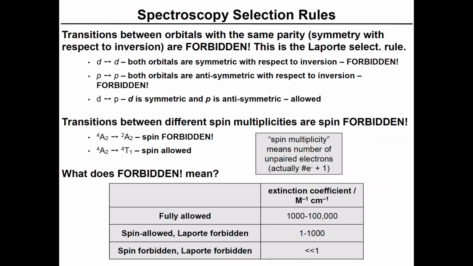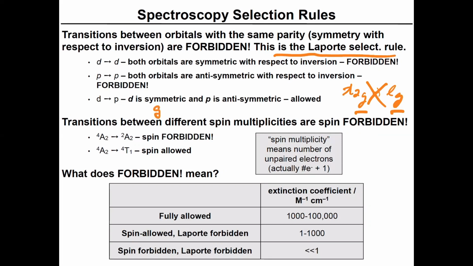Parity for us effectively means that if you have, for example, a T2g to Eg transition, the fact that they're both gerade is telling you that the transition is forbidden based on what's called the Laporte selection rule. So you effectively cannot have transitions between orbitals that have the same parity. That's what that really means.